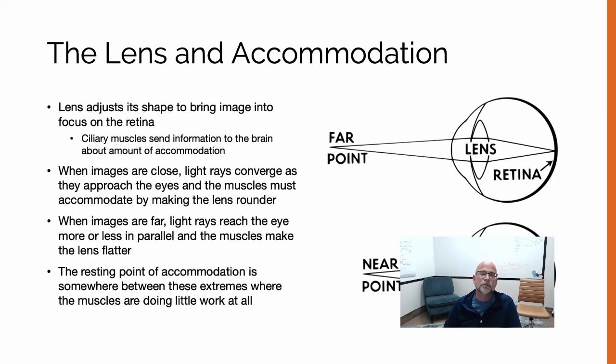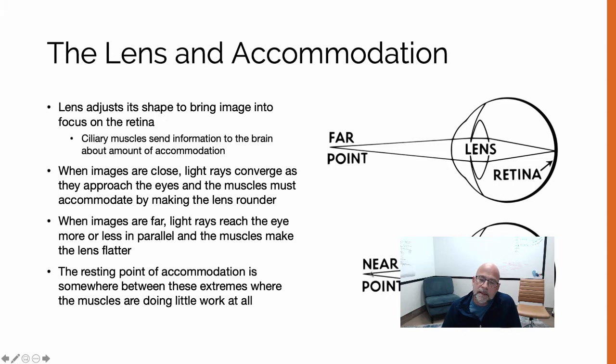So let's talk a little bit about how accommodation works. The lens itself adjusts its shape to bring the image into focus on the retina, and it's the ciliary muscles, which are muscles on the sides of the eyes here, that send information to the brain about the amount of accommodation that's happening. When you're looking at something far away, our lens can become flatter.